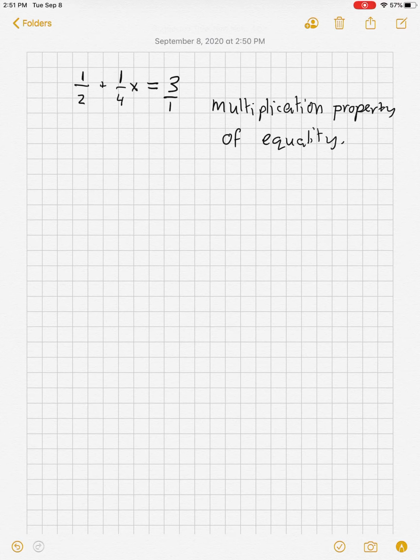It's kind of gross. But let's consider the denominators for a minute. We have 1/2, 1/4, and the imaginary 1 underneath 3. Let's find the LCM, or the least common multiple. In this case, never mind, let's define it officially.